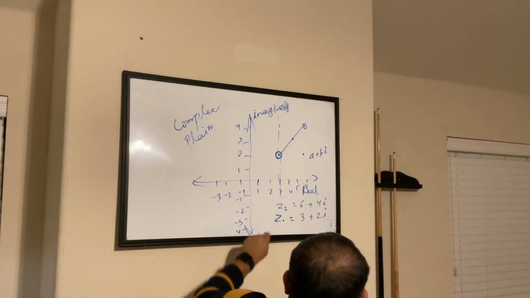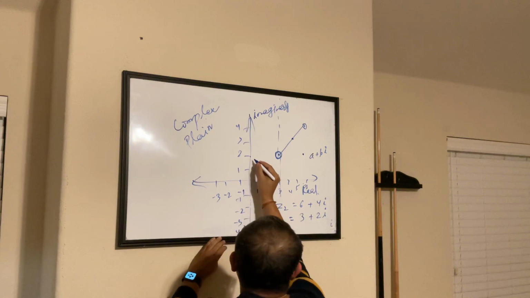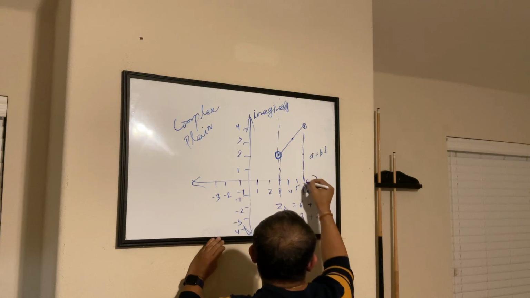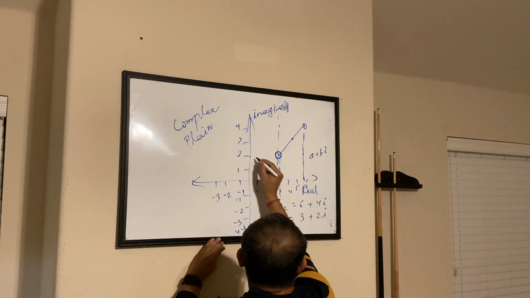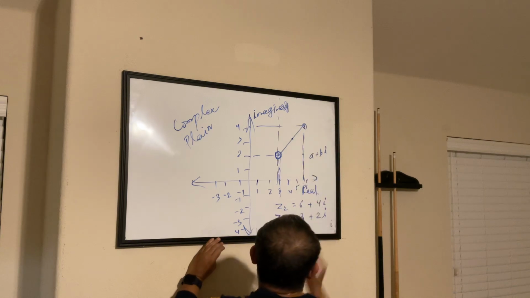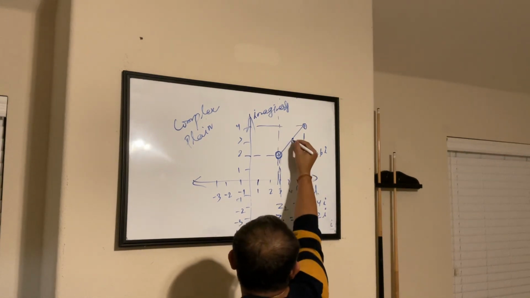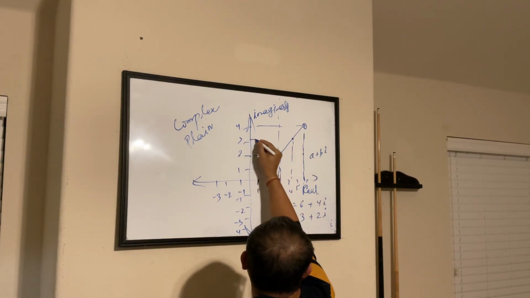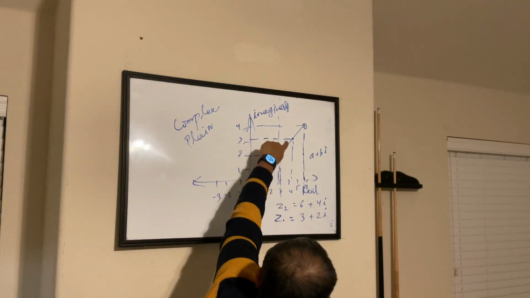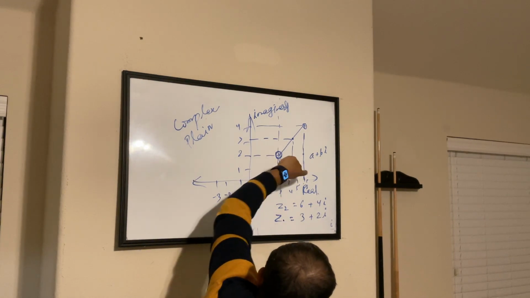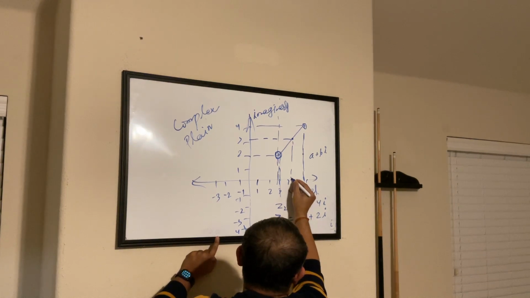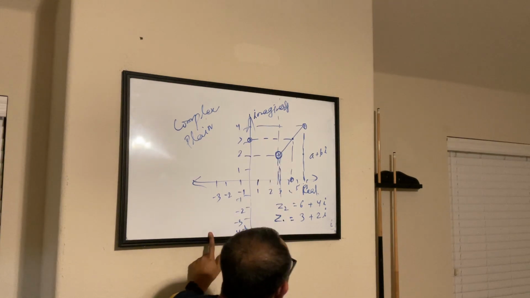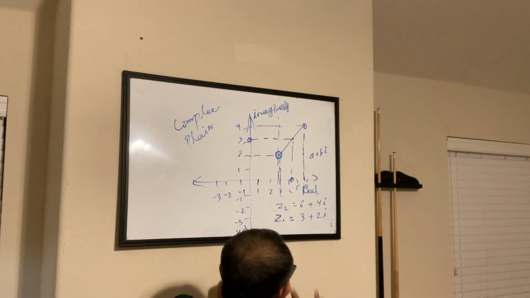Look at the visual part of it. If you draw perpendiculars from these points onto the two axes, this is going to be the real component and this is going to be the imaginary component for the midpoint.